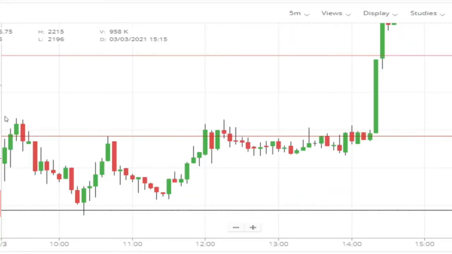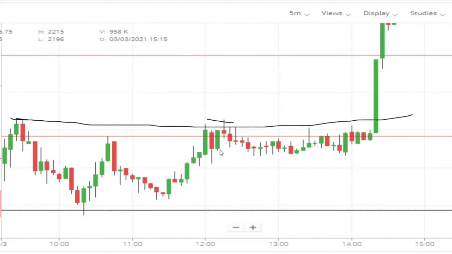You can see here the price has tested this level 2 times. If I draw a straight line here, you can see the price has tested here and consolidated for a very long time, from around 12 o'clock to around 2:15. The resistance was very strong, so price didn't make a move.